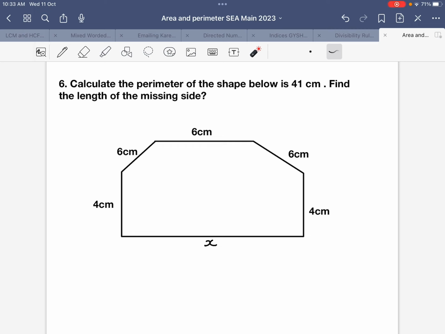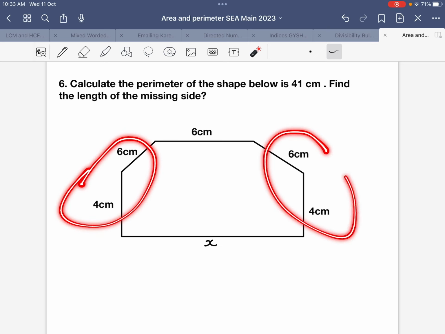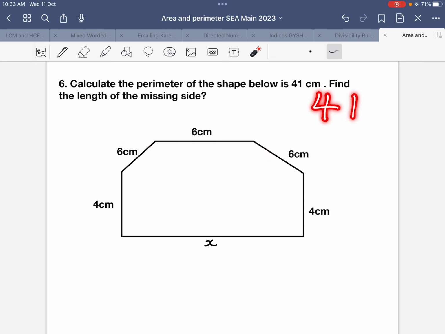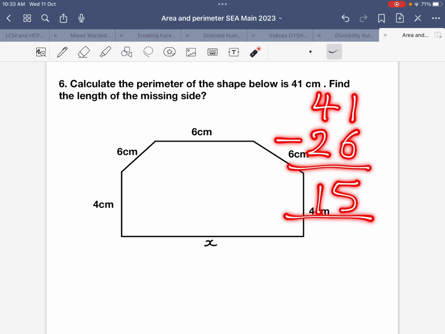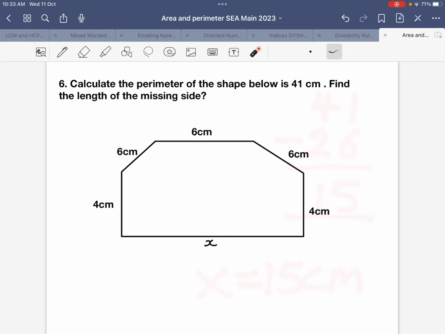So we can simply add the other lengths and then subtract it from the perimeter. 4 plus 6 is 10. That's 10 and 10 is 20. Plus 6 is 26. 41 minus 26 is 15. So x is equal to 15 centimeters. Simple.